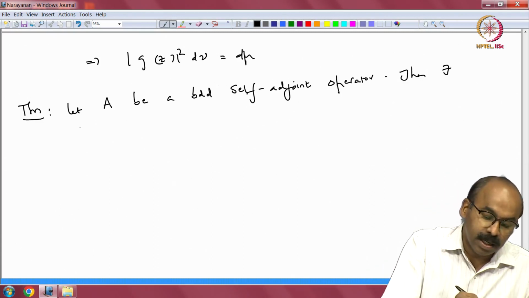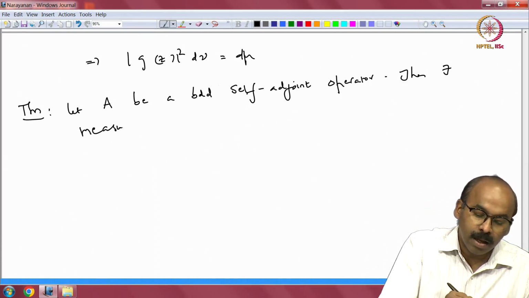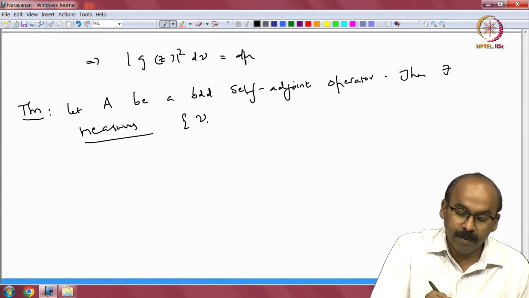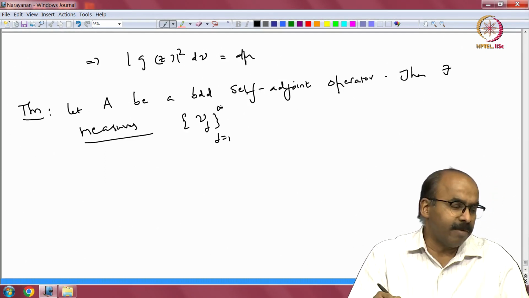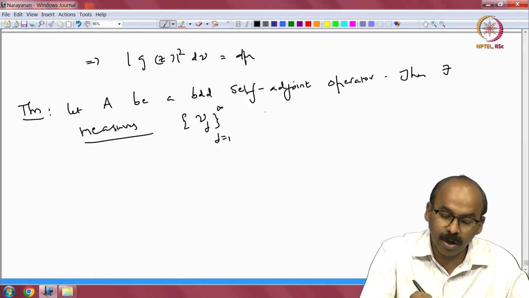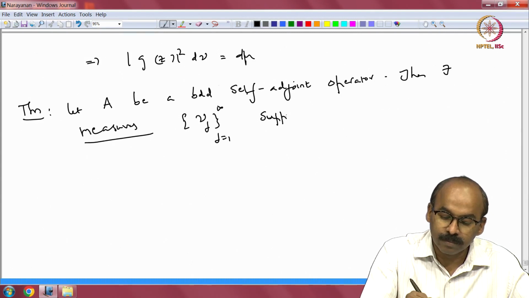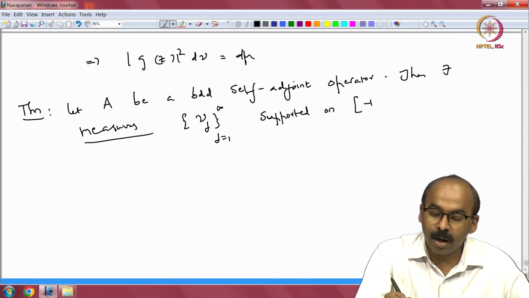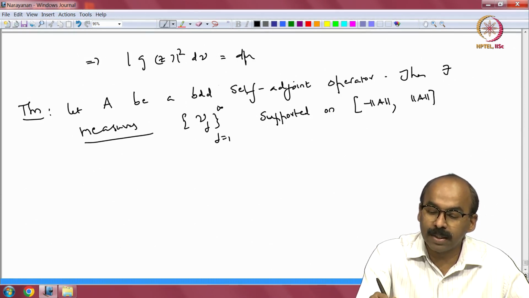there exist measures nu j, j equal to 1 to infinity, it can be finite also, but infinity, supported on minus norm A to norm A, because we are looking at the self adjoint case.